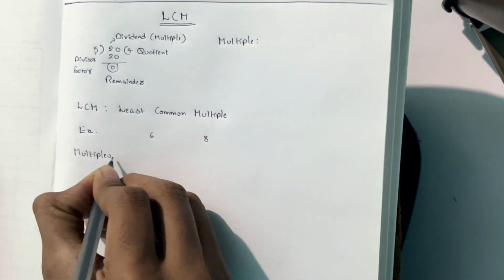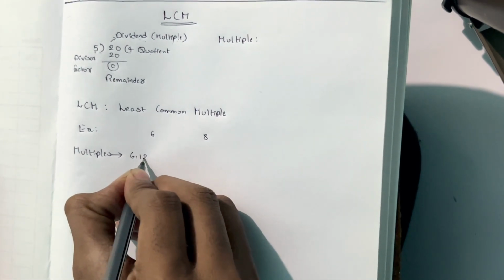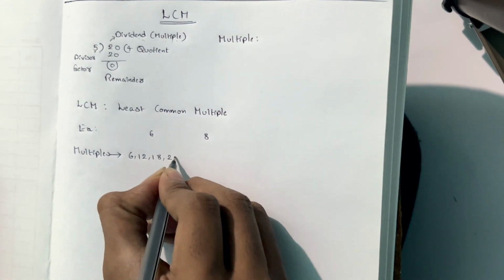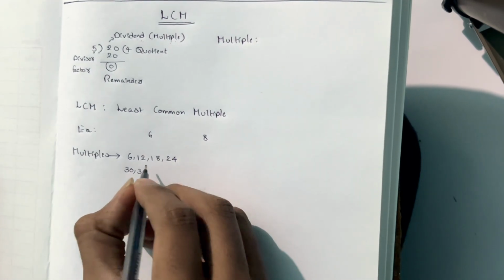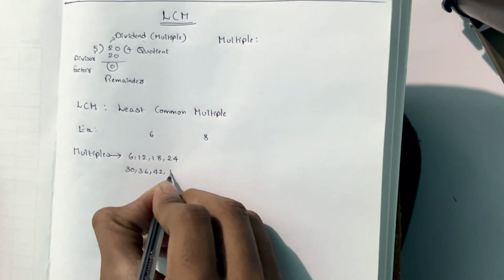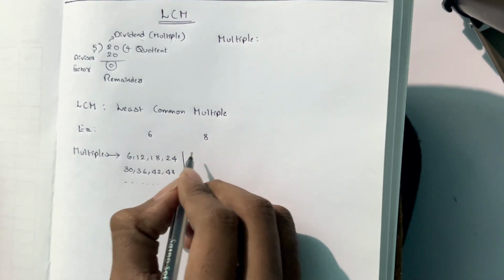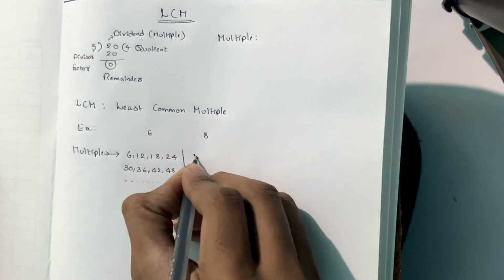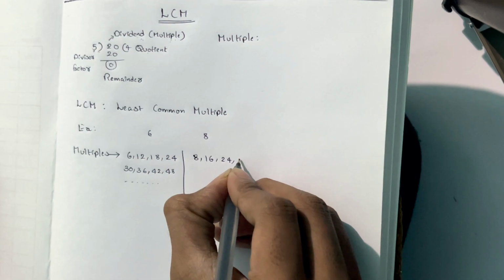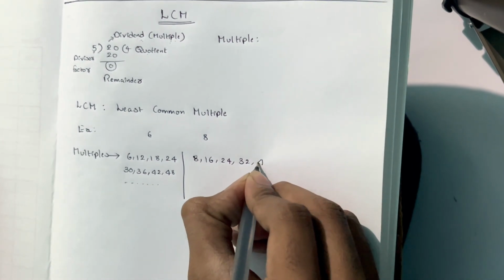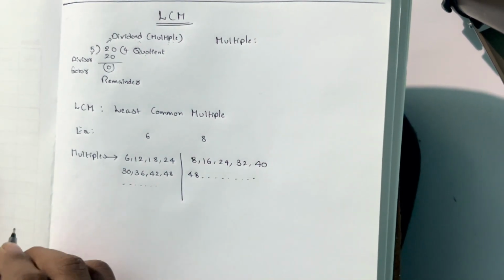Multiples of 6 are 6 ones are 6, 6 twos are 12, 6 threes are 18, 6 fours are 24, 6 fives are 30, 6 sixes are 36, 6 sevens are 42, and 6 eights are 48, and so on. In the same way, what are the multiples of 8? 8 ones are 8, 8 twos are 16, 8 threes are 24, 8 fours are 32, 8 fives are 40, 8 sixes are 48, and so on.